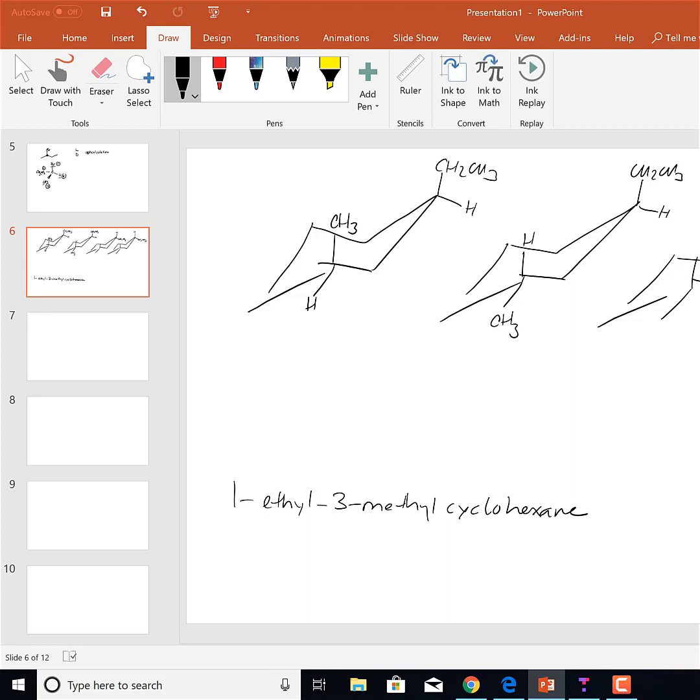So for number 1, ethyl axial, methyl axial, ethyl axial, methyl equatorial, and then methyl axial, ethyl equatorial, and finally for the last one, both the ethyl and the methyl equatorial. So there's our 4 conformations.